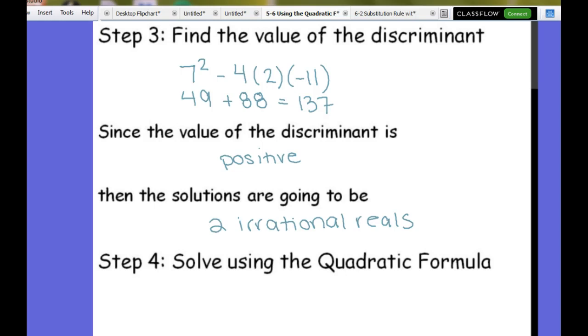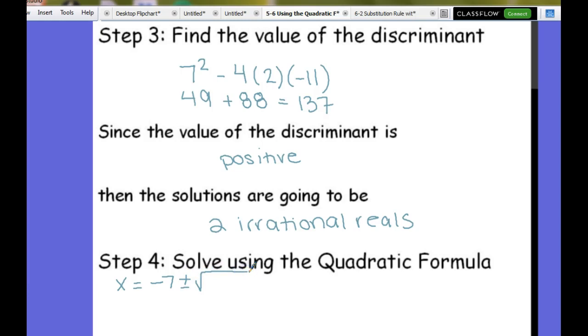The new step is simply plugging into the quadratic. So all we're going to do is say x equals now the opposite of b. So b was positive 7, so this will equal negative 7. You always incorporate the plus minus between them. We're adding a radical.